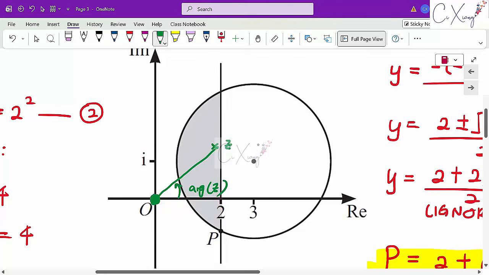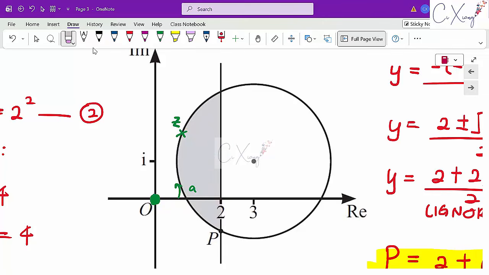So you can use a ruler to shift your point higher and higher until the ruler touches the shaded area at the last point. The point should be more or less somewhere at this part. You have to understand the meaning of argument Z: it basically means the angle from the origin to Z.